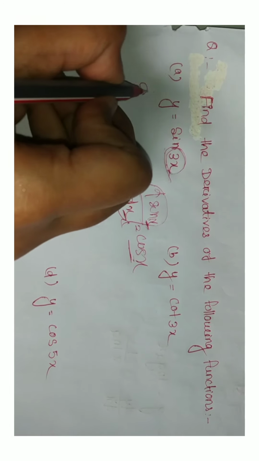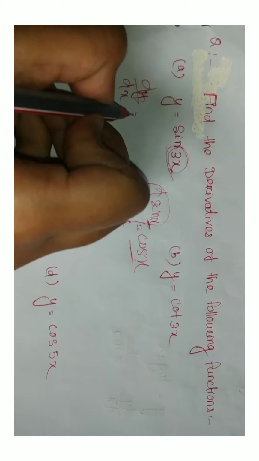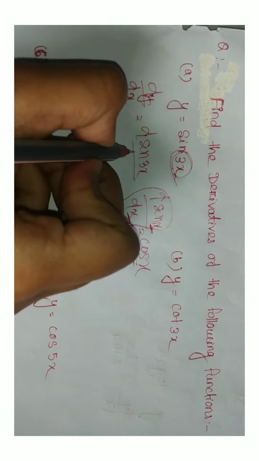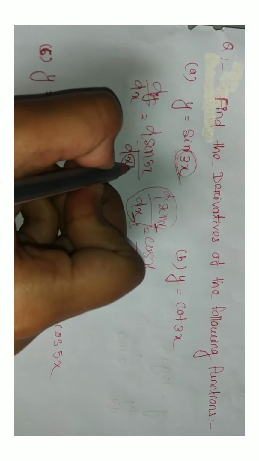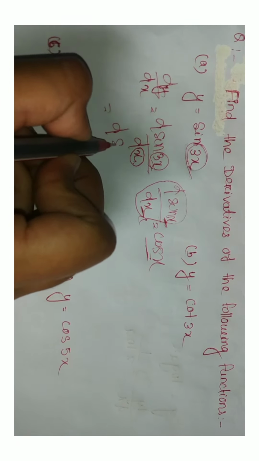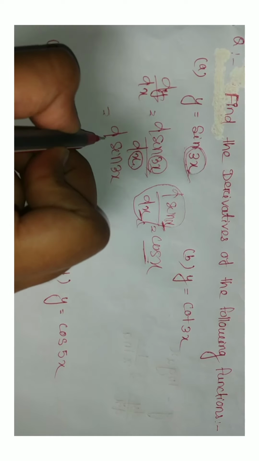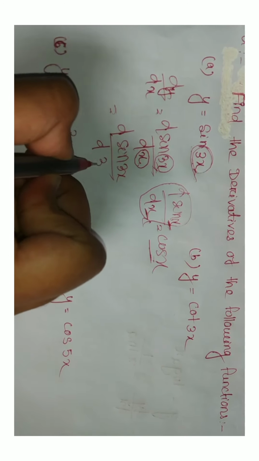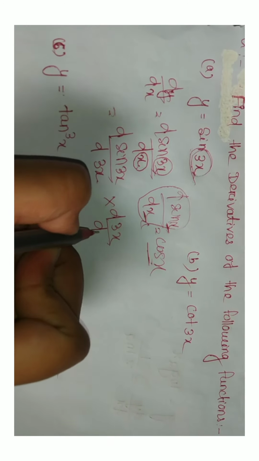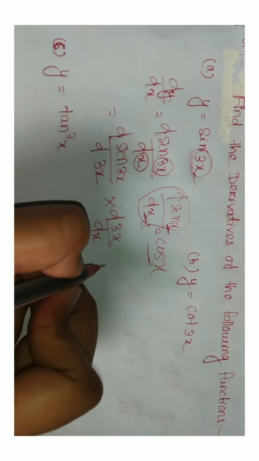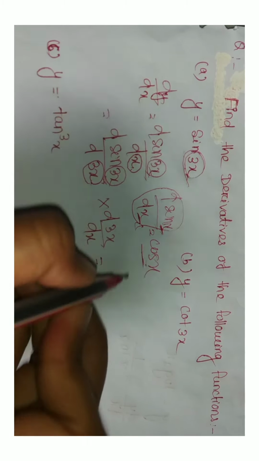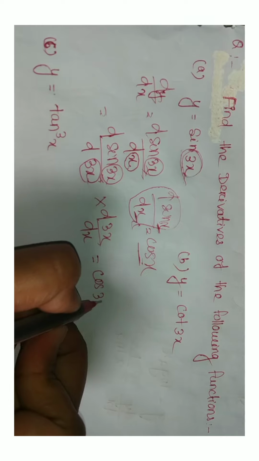So dy by dx is the derivative of sin 3x by dx. Here we have 3x, so it is the derivative of sin 3x with respect to 3x into the derivative of 3x by dx. The derivative of sin 3x is cos 3x.